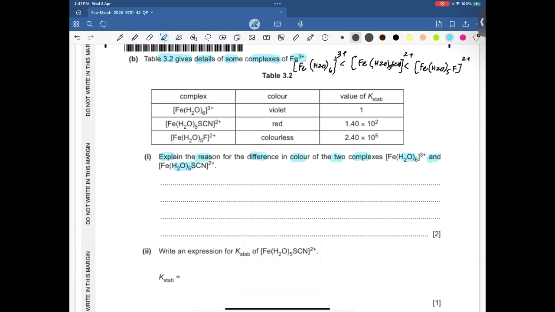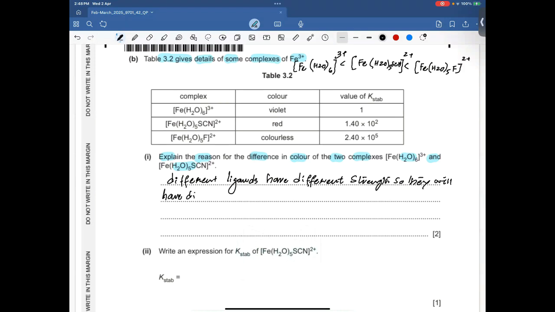So different ligands have different strength, so they will have different splitting energy.